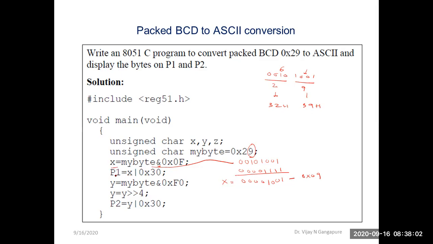Now the next statement is p1 is equal to x bitwise OR. This bar means bitwise OR. It is ORed with 0x30, which means whatever value is in x, which is now 0x09, that is 00001001, is bitwise ORed with what? 0x30. So 0x30 means 00110000.